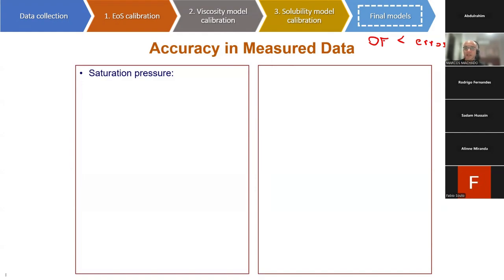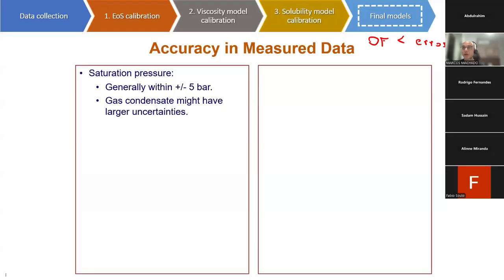For example, saturation pressure. What is the typical accuracy in the equipment, in the procedures, in the lab? Typically it is more or less 5 bars. More or less 5 bars is the same thing in terms of lab data.